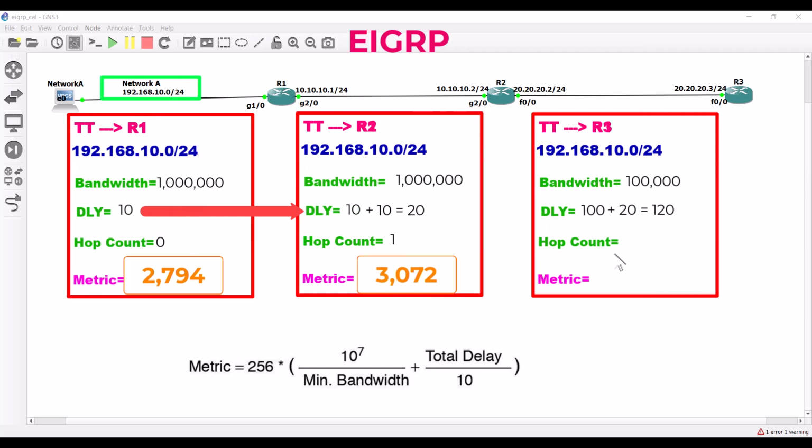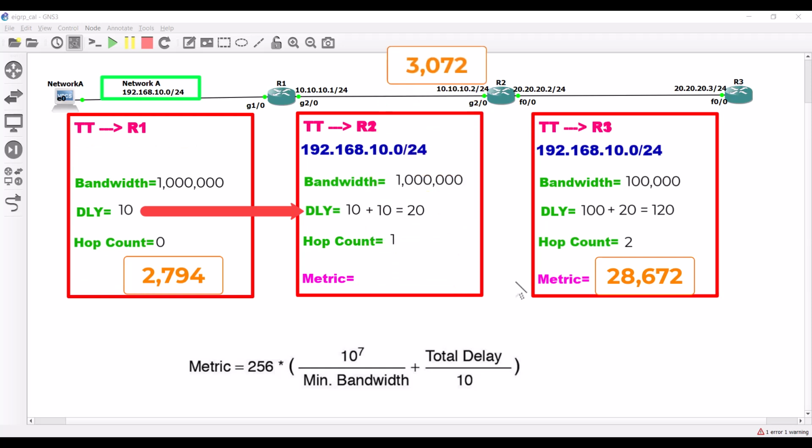So total delay would be 120. How many hops are there? Right, 2 hops. If we replace and calculate, metric will be 28,672.